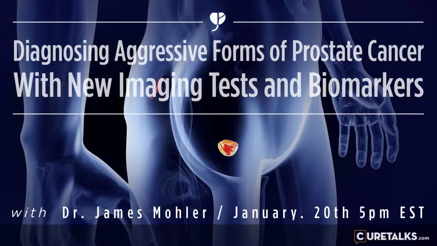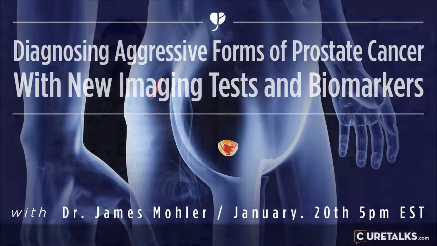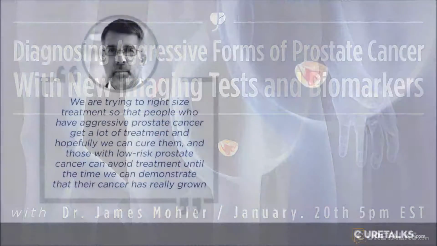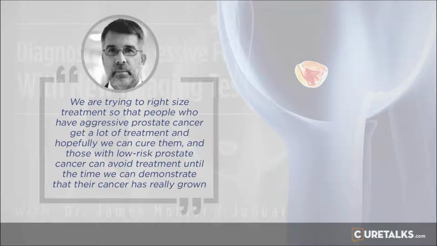My pleasure. We had asked you, I think, prior to the program, to talk to us a little bit about some of the evolving issues in the diagnosis of prostate cancer, particularly in the most recent update to the NCCN Guidelines.